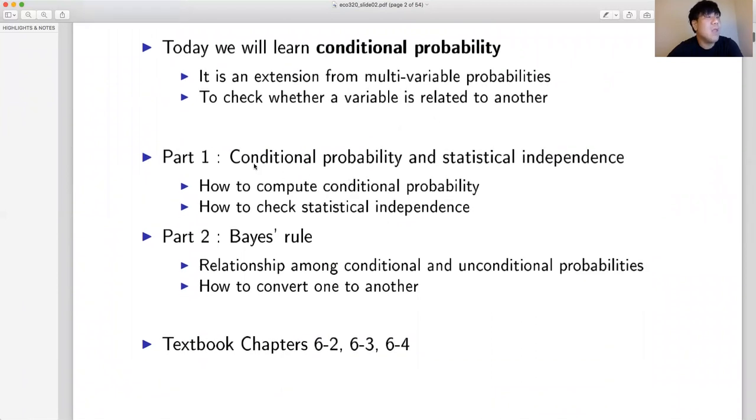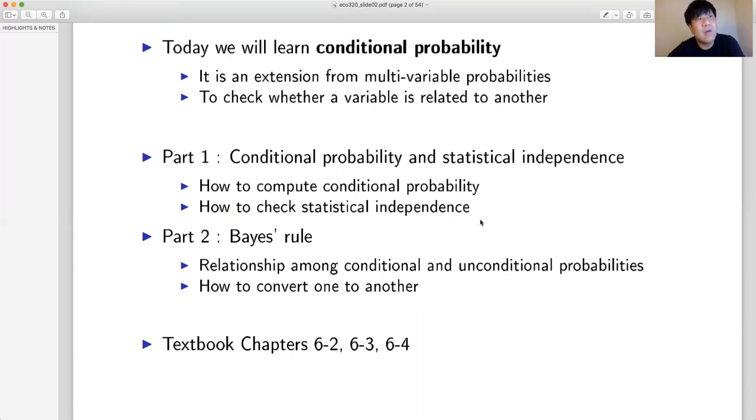So part one, we're going to learn conditional probability and statistical independence. Independence is basically whether something is related to each other. For example, does the region somebody is living in relate to their gender? Does gender have something to do with the place they are living, whether South or East? Those kinds of questions are about independence.